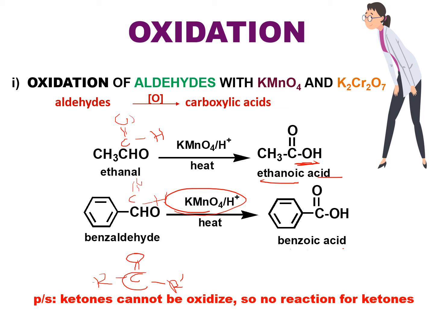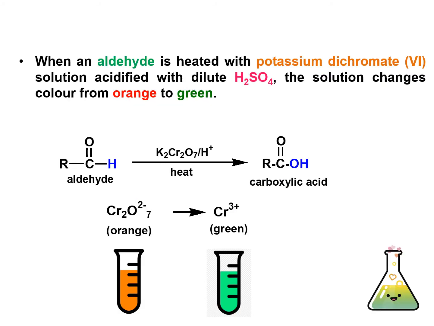Okay, so when aldehyde reacts with one of the strong oxidation agents, potassium dichromate, okay, because we have a few strong oxidation agents, either KMnO4 or potassium dichromate, okay. Potassium dichromate has a color. The color of the potassium dichromate is orange.